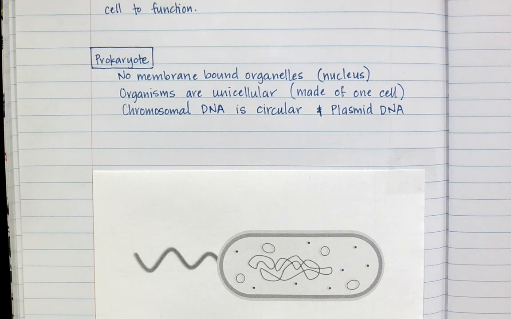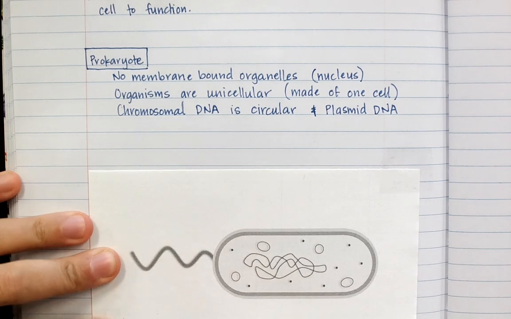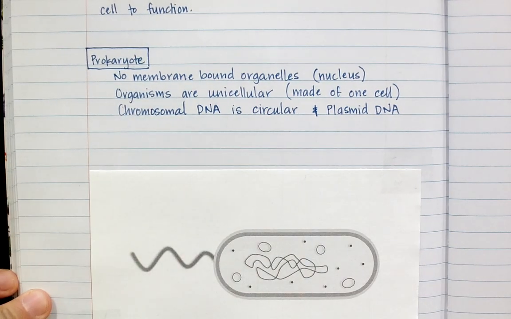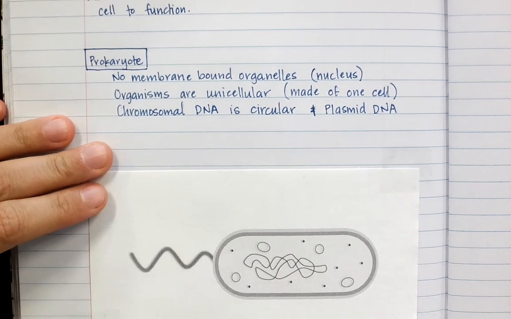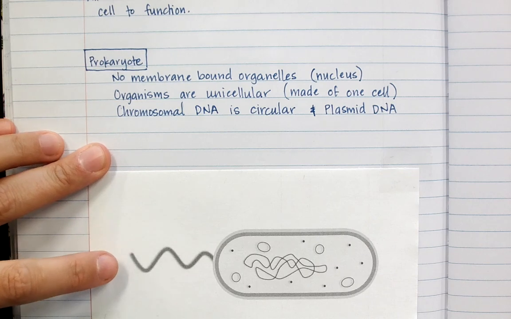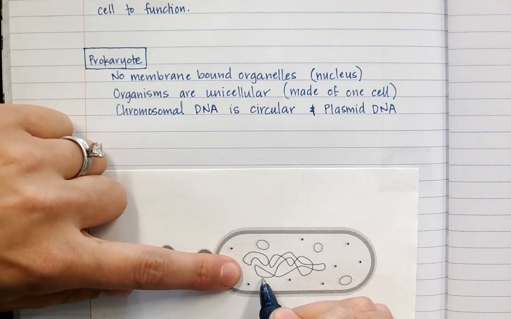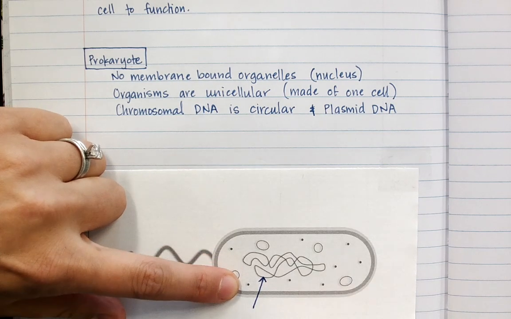So we're going to need to label the structures that make up this example of a prokaryote. This is a bacteria. All right, so first of all, we're going to label that chromosomal DNA. So in this example, this is my chromosomal DNA.